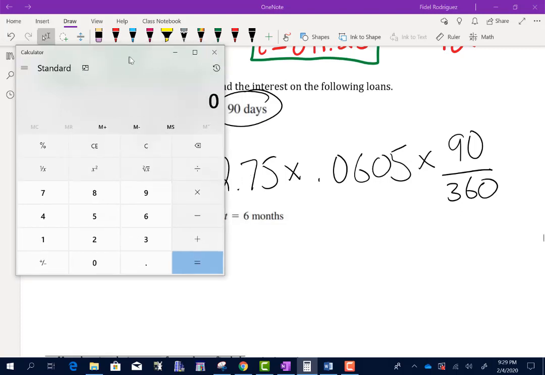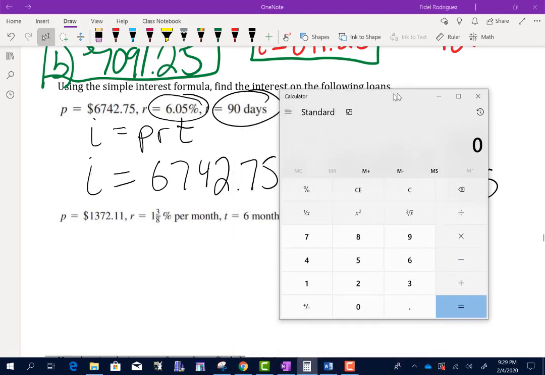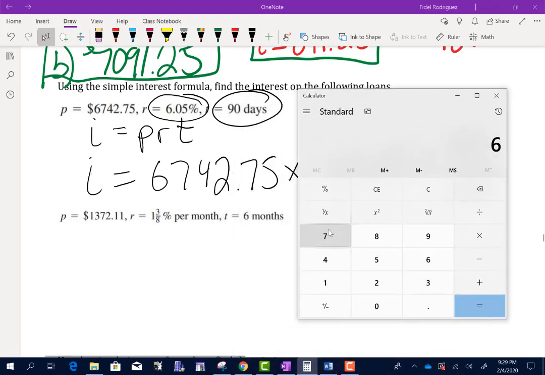Let's see, what was our 6,742 and 75 cents? 6,742 and 75 cents times 0.0605 times 90, okay, equals, divided by 360 equals, okay, so guys, because I'm dealing with money, I'm always going to round everything to the nearest penny.